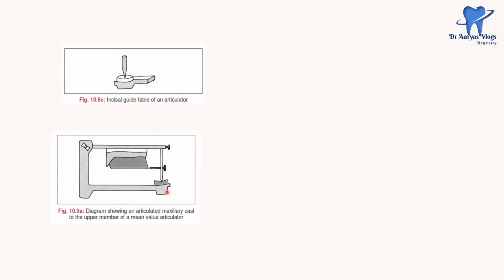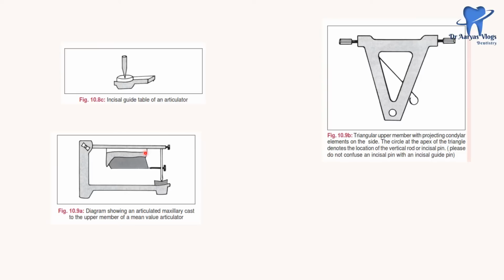This is the articulated maxillary cast on the upper member of a mean value articulator. Here, this is the triangular upper member with the projecting condylar elements on the side, and the circle at the apex of the triangle denotes the location of the vertical rod or incisal pin.